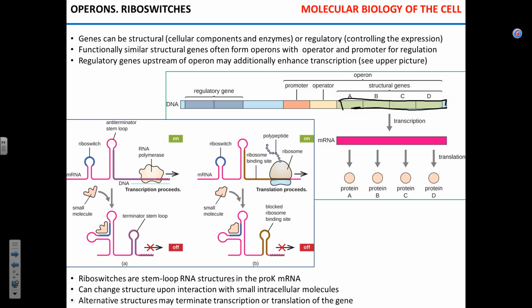Now, what is the first step in gene expression? DNA has to be transcribed. First, it has to be transcribed. What is the enzyme that transcribes? RNA polymerase. Okay? During transcription, RNA polymerase produces RNA.